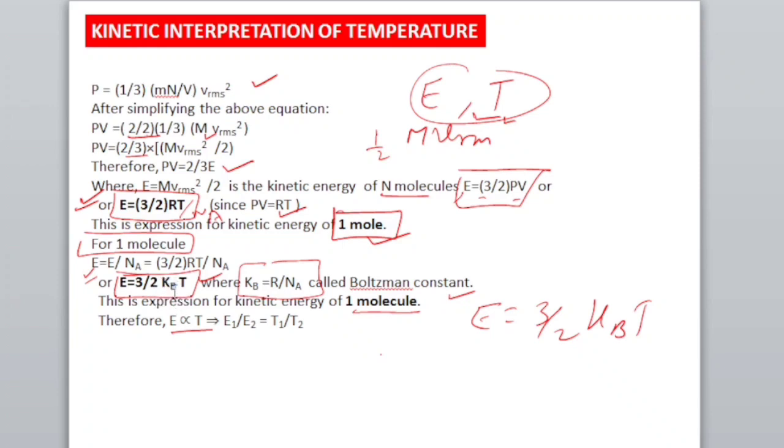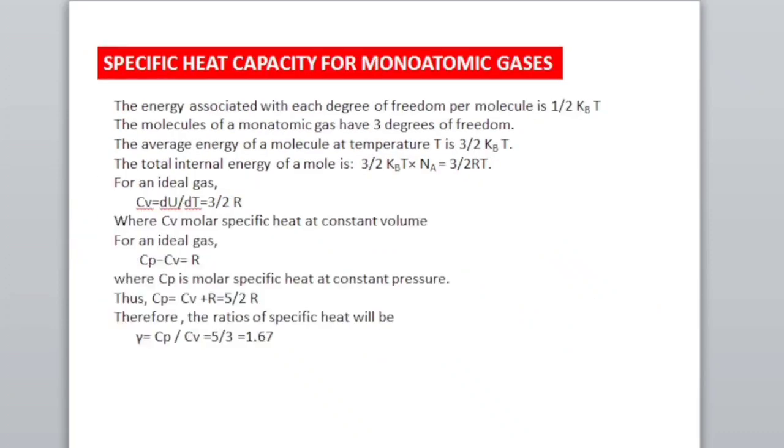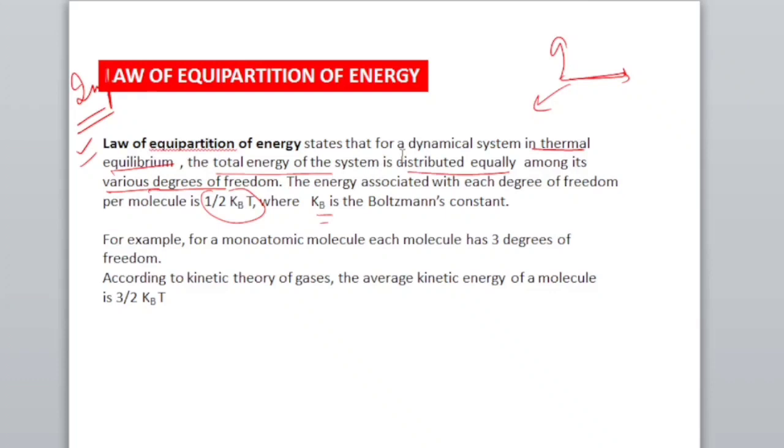It means 1 degree of freedom becomes half kBT. This is equipartition of energy. It states that for a dynamical system in thermal equilibrium, the total energy of the system is distributed equally among various degrees of freedom, and the energy associated with each degree of freedom per molecule is half kBT, where kB is Boltzmann's constant. No need to derive this one, only this statement is important, only quantitative discussion is there. For example, for a monatomic gas molecule, each molecule has 3 degrees of freedom.